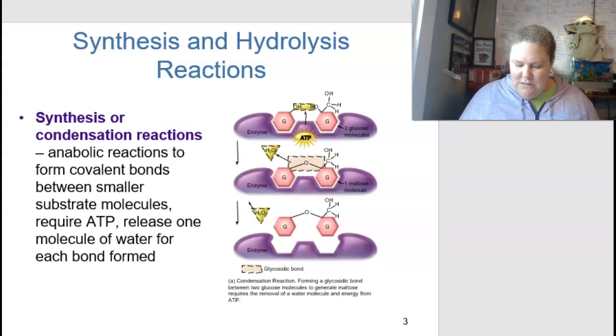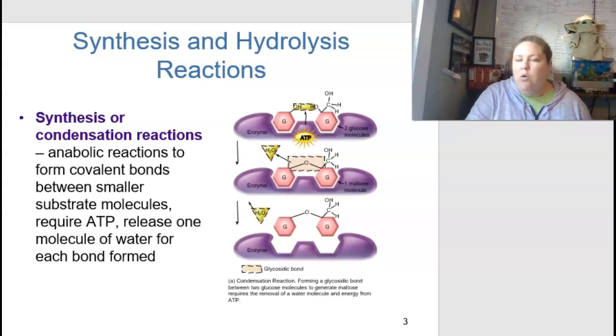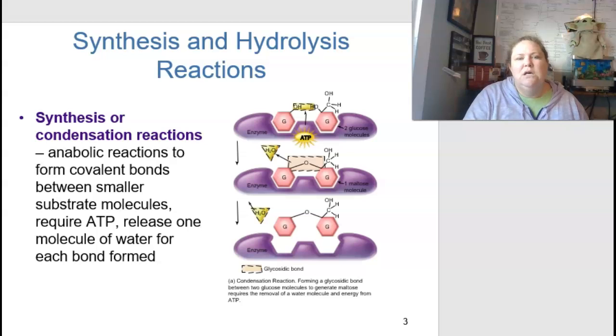So looking at these, we have ways to make or break reactions. When we're looking at a synthesis or a condensation reaction, this is an anabolic or building reaction that forms covalent bonds between smaller substrate molecules. This again is going to require ATP molecules, and it's going to release one molecule of water for each bond that is formed.